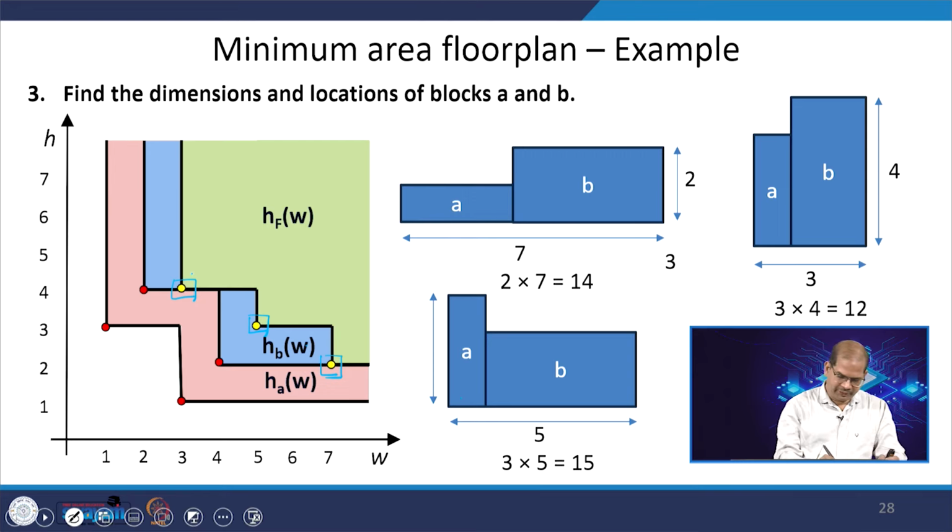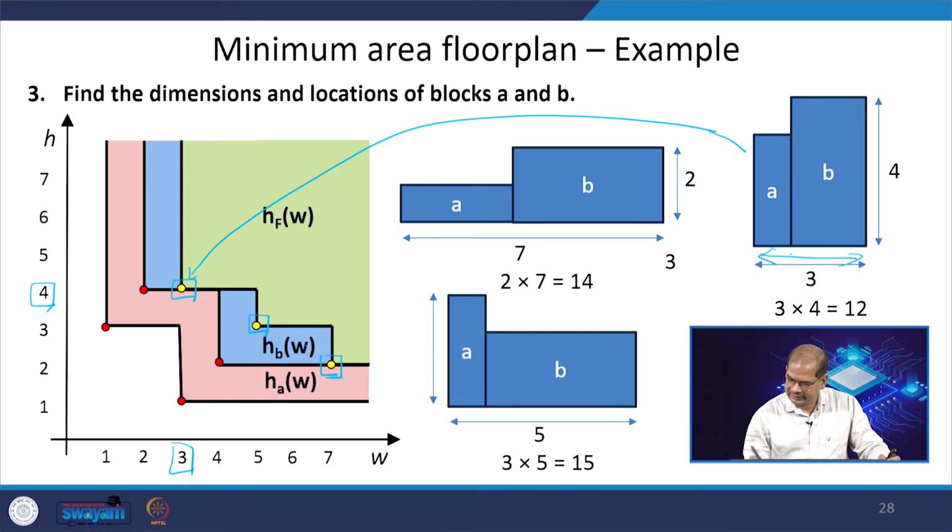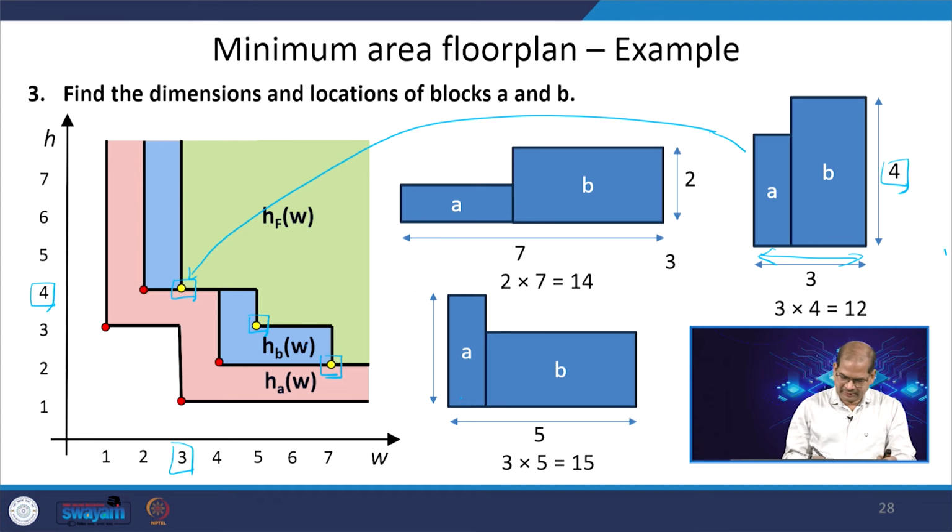This point corresponds to this floor plan, because if you can see here, the width of the floor plan is 3, and the height of the floor plan is 4. Width is 3 and height is 4. So, this corresponds to that floor plan. Similarly, this point has a width of 5 and height of 3, so this corresponds to this floor plan.